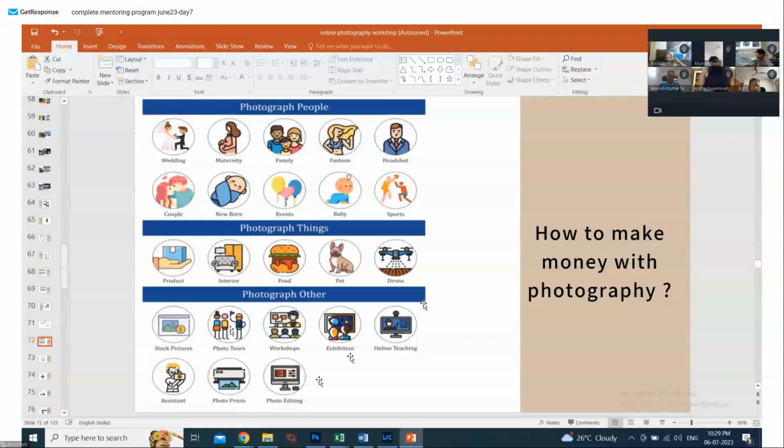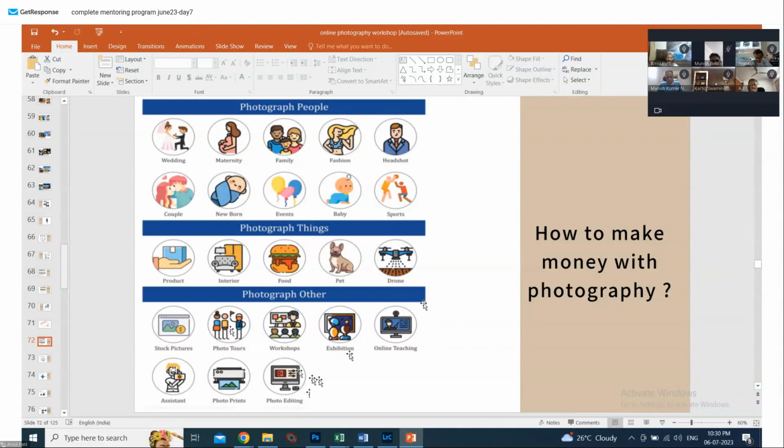Online teaching, yes. Second assistant: you can assist a good photographer, with or without money. If you want to learn, you have to tag along with other good photographers. Photo printing, photo editing.